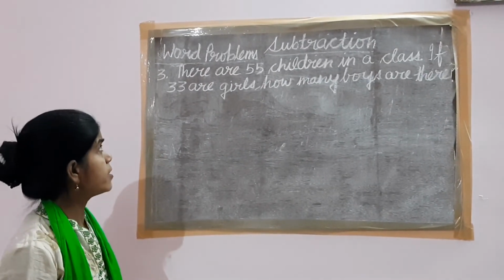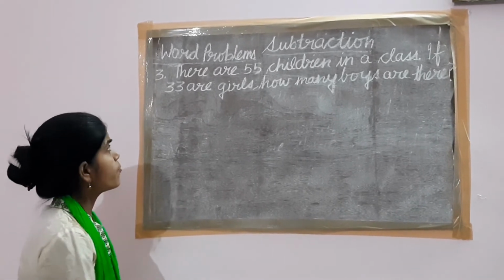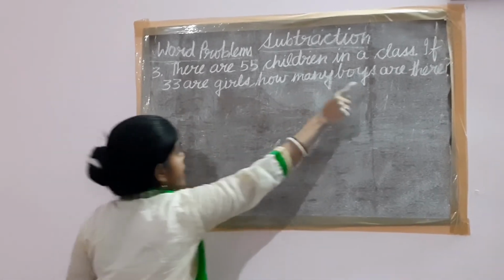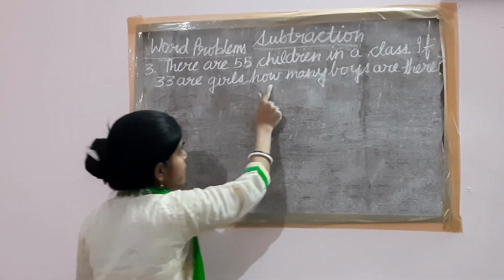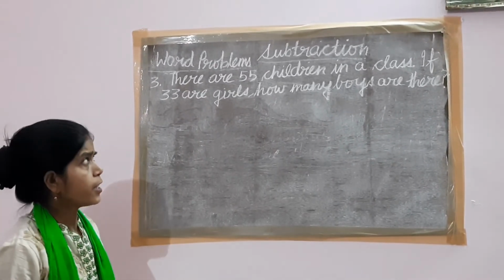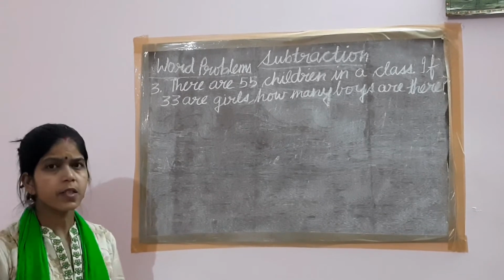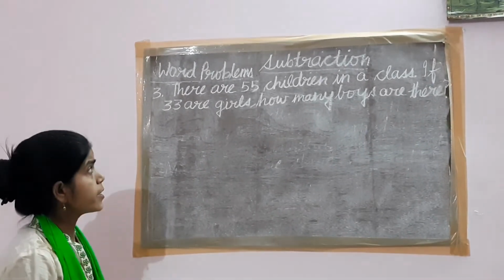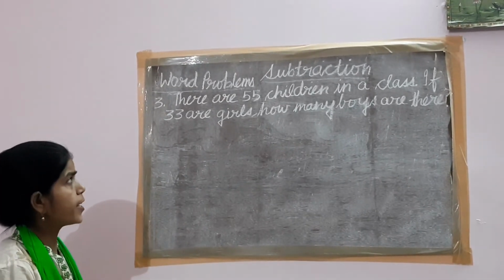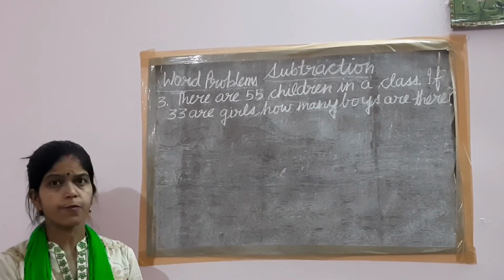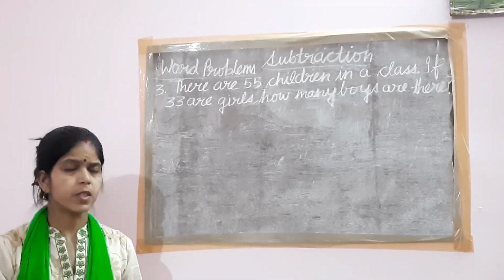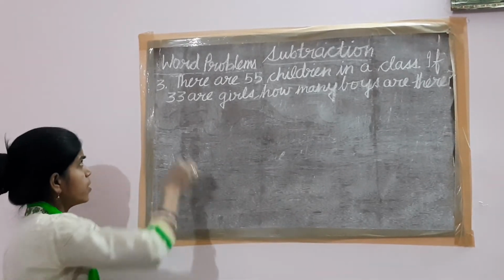Now I have written the third word problem before you. There are 55 children in a class. If 33 are girls, how many boys are there? So, if out of a certain number, the number of one kind of thing is given and we have to find the number of another kind of thing, then this is also a subtraction word problem.